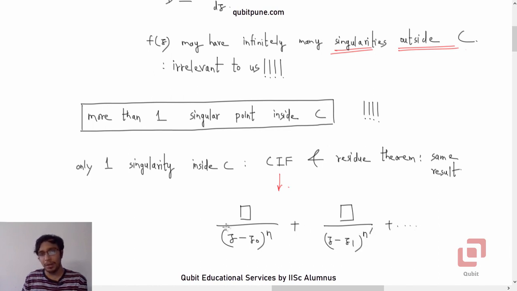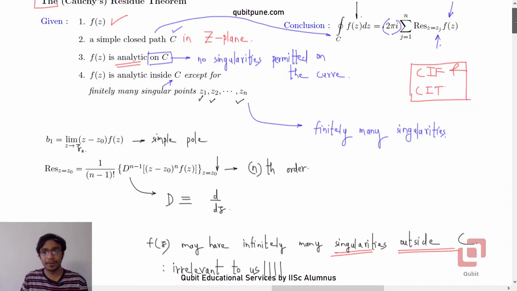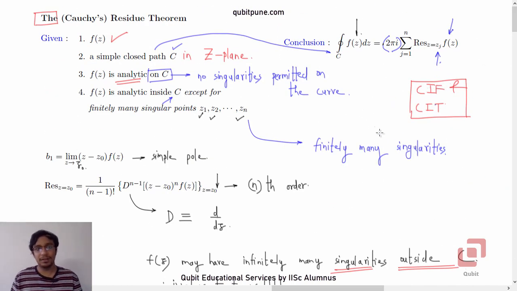So you have to split it into a lot of partial fractions, and hence the use of Cauchy's integral formula, if we have more than one singular point inside C, is not recommended. Directly go to the residue theorem. So we have now stated the residue theorem. We have also seen three formulas to find the residues. Now let us go to the problems.